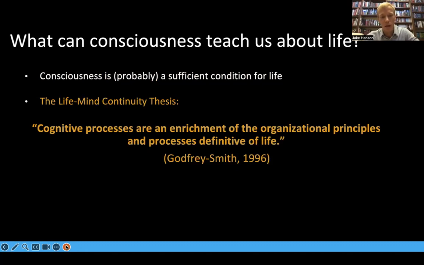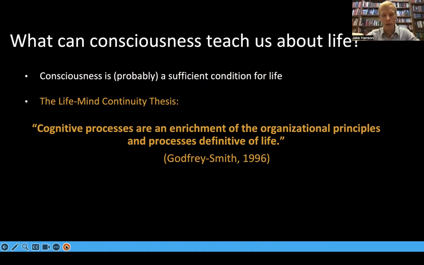And more specifically, there's something called the life-mind continuity thesis, which says that cognitive processes are an enrichment of the organizational principles and processes definitive of life. So under this view, consciousness is actually the same process that creates life, just more enriched and distilled. So basically, life is on a spectrum from non-living to life to conscious life.